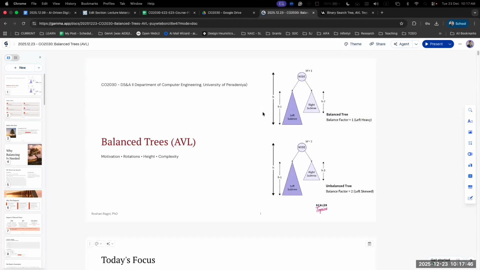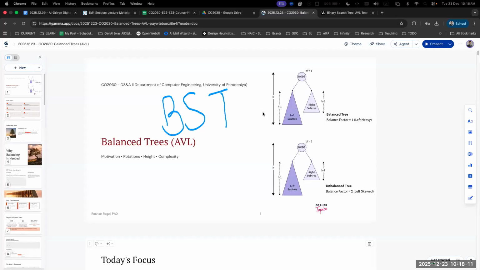So then we discussed a specific type of binary tree, what we call the binary search tree, or BST in short. So it is a binary tree that we can use to search.